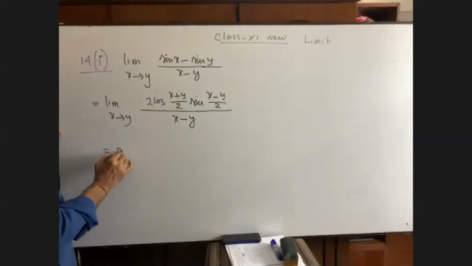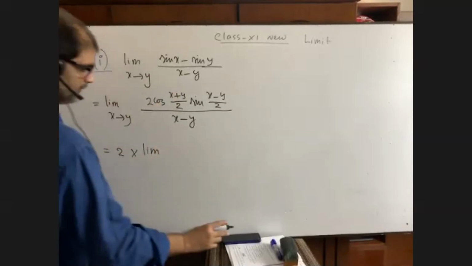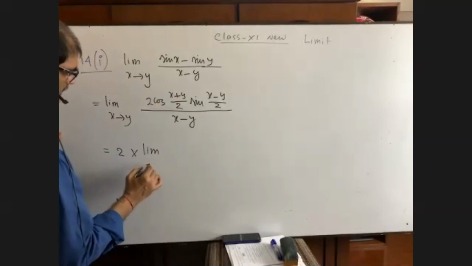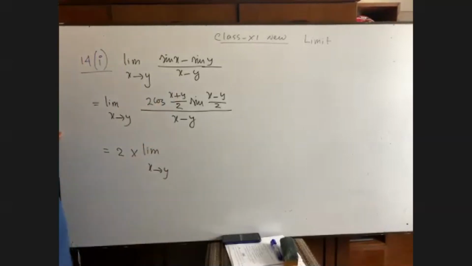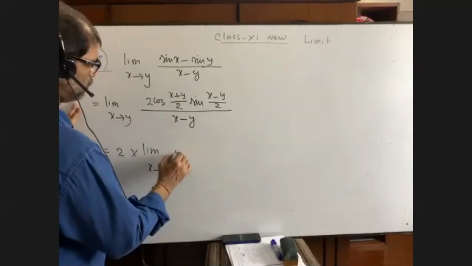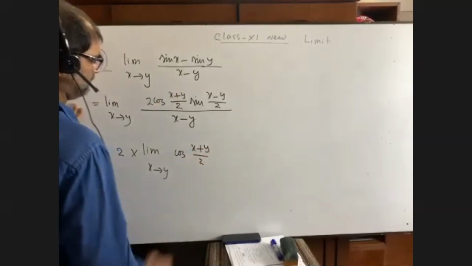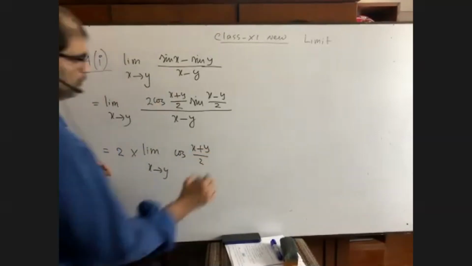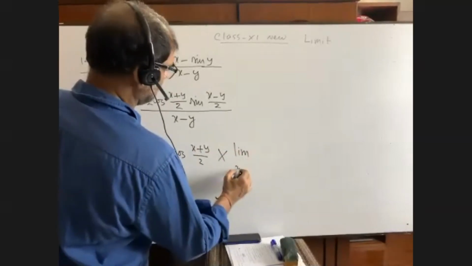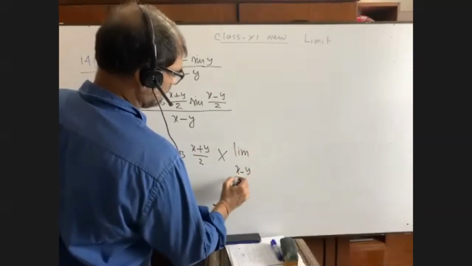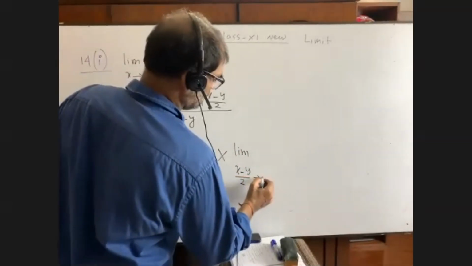Write down 2 into limit x tends to y, cosine x plus y by 2, into limit x minus y by 2 tends to 0.